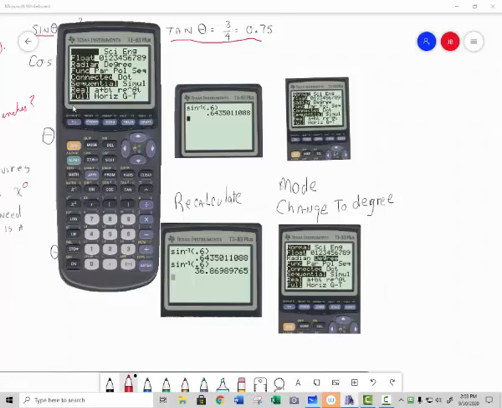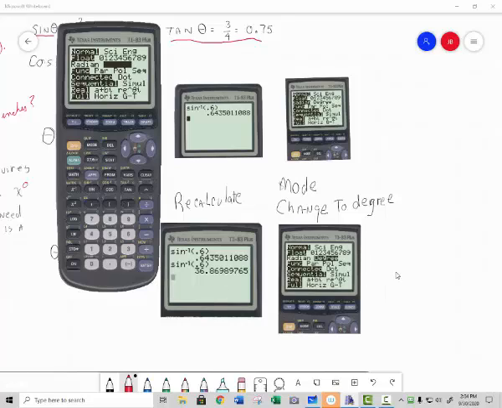I've got normal, scientific, or engineering displays. I can float the decimal, or I can have it as 2, 3, 4, 5, whatever decimal places that I want. And this is the one that I'm interested in, radians or degrees. So if I cursor down to radians and over to degrees and push enter, it lights up degrees. And that's what I've done in this example right here.